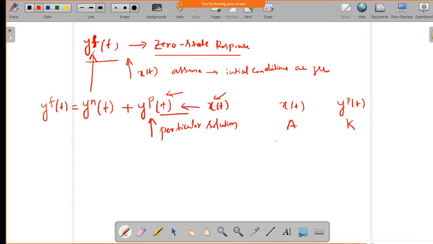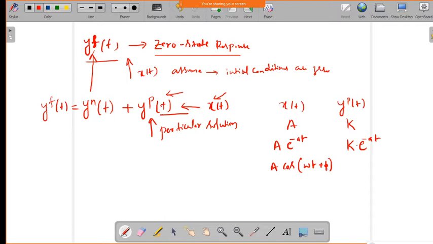Similarly, for a sinusoidal signal cos of omega t plus phi, the particular solution will be in the form k1 cos omega t plus k2 sin omega t. The particular solution will be in this form if you give the input as e power a t into cos of omega t plus phi. So this is about the forced response and how to find it.